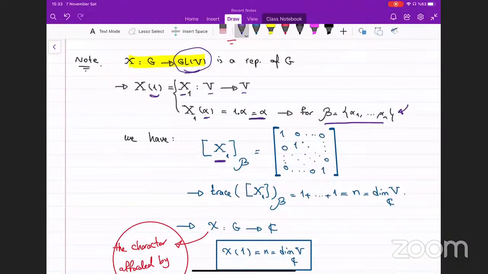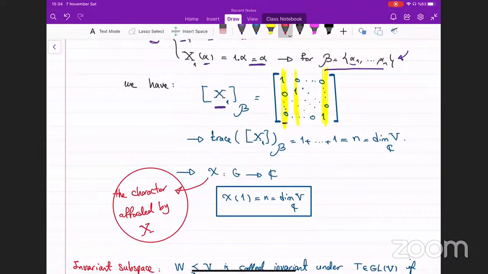So it sends alpha 1 to alpha 1, so I have this column, the first column that we mentioned here. Then it sends alpha 2 to alpha 2, so I have this column, and continue like this. It sends alpha n to alpha n, so I have the last column. It means it gives me the identity matrix, which is obvious because the representing matrix of the identity linear transformation is the identity matrix.